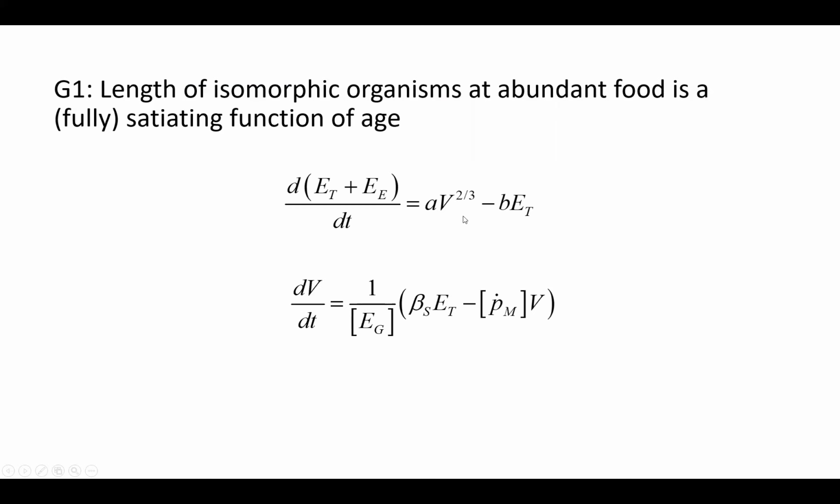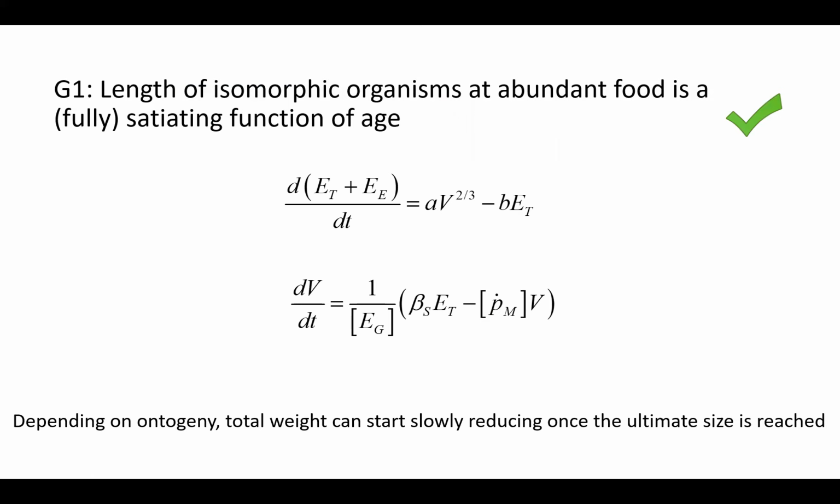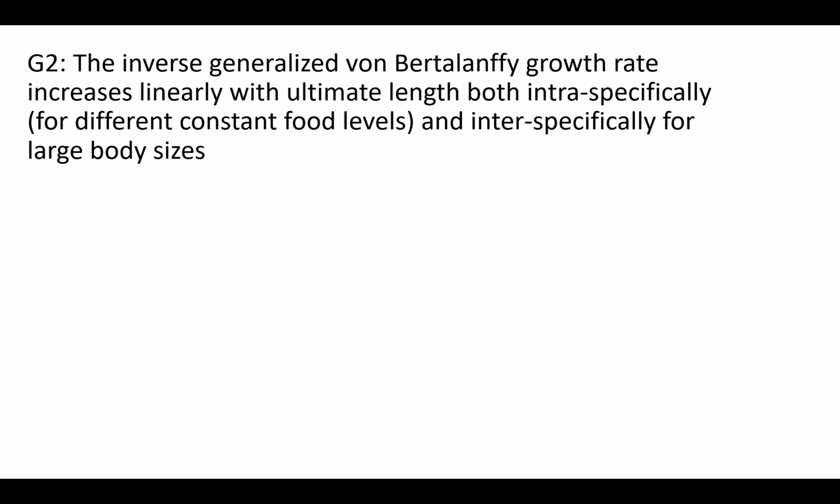Inserting that into the growth equation, we get V^(2/3) minus V. That's the standard von Bertalanffy growth equation. So we have maximum size as a saturation function of age. Just a full disclaimer, total weight could start slowly reducing once the optimal size is reached.